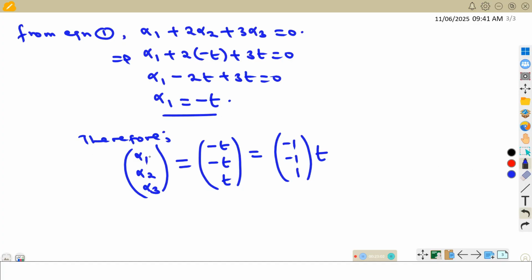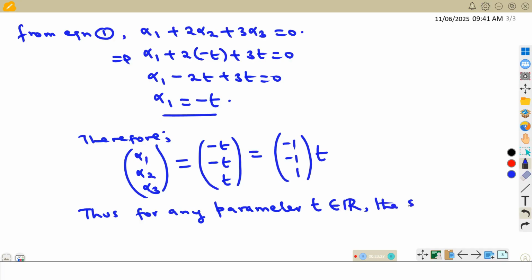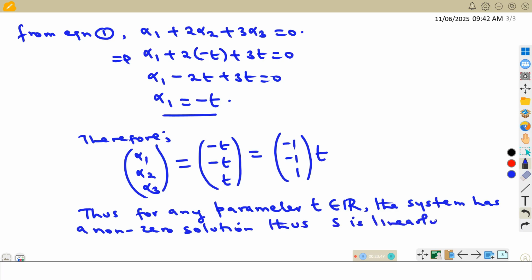Having got the values for alpha 1, alpha 2, and alpha 3 in terms of t, where t is any real number, we can now conclude that for any parameter t picked from the set of real numbers, the system has a non-zero solution. Thus, S is linearly dependent.